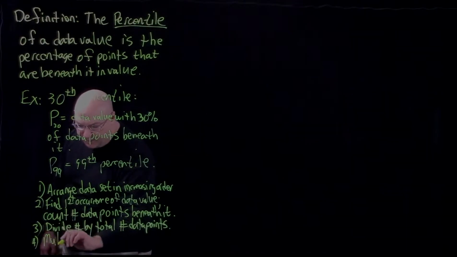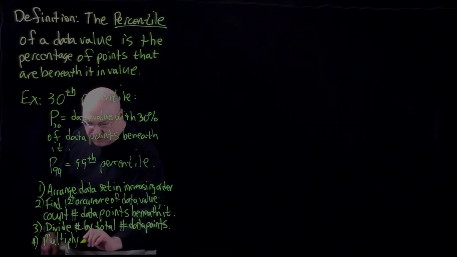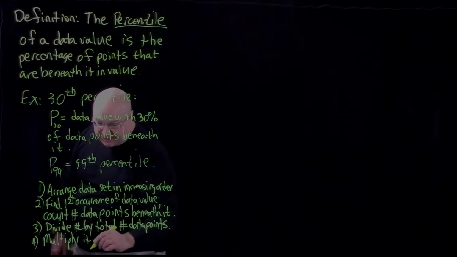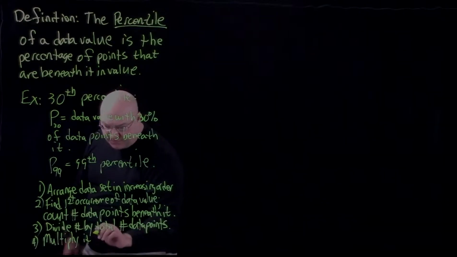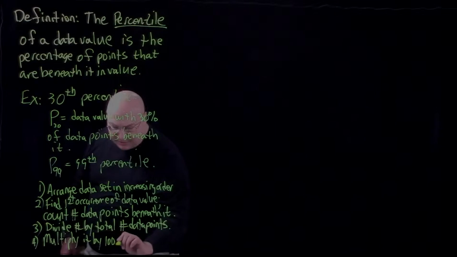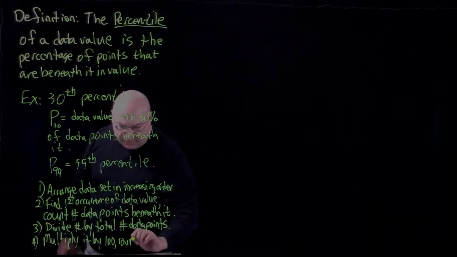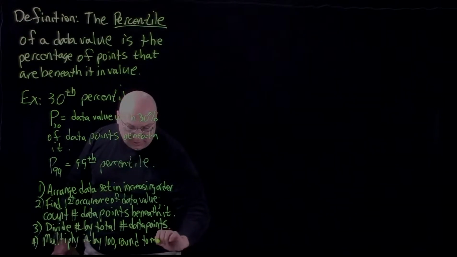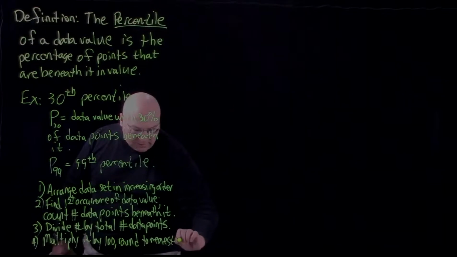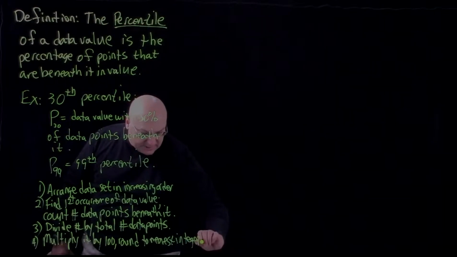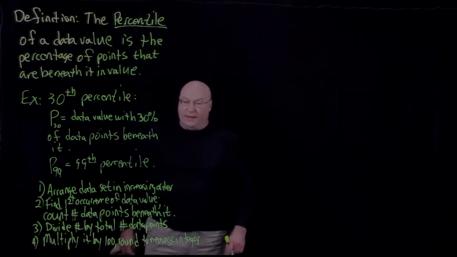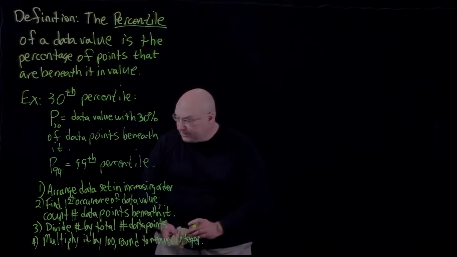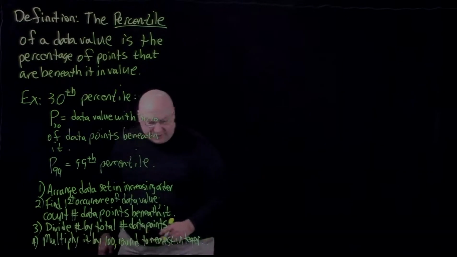Step 4, multiply the number I calculated in step 3 by 100 and round to the nearest integer. And that's it. And that'll make a lot more sense if we just do a couple of examples.